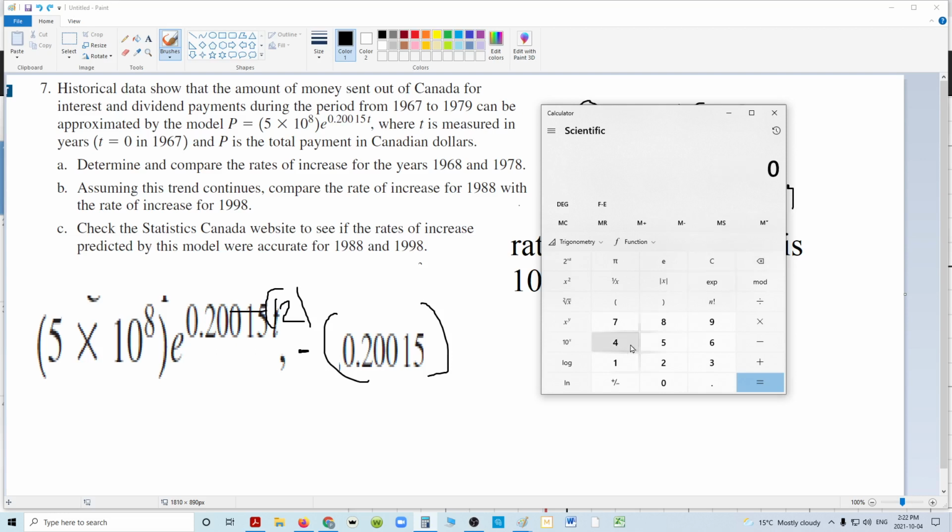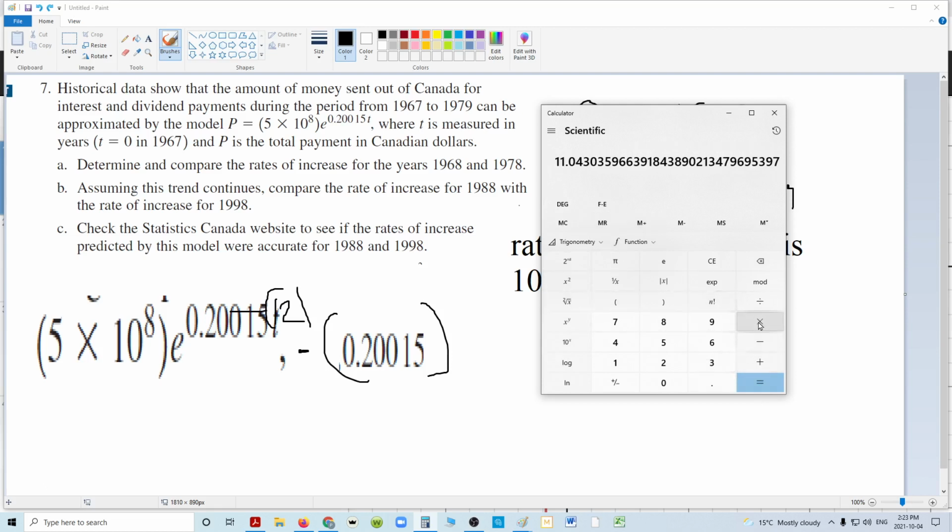Good. Then I'm going to take e, and I'm going to put it to the exponent of that memory. And I'm going to clear memory, and I'm going to put that in storage.